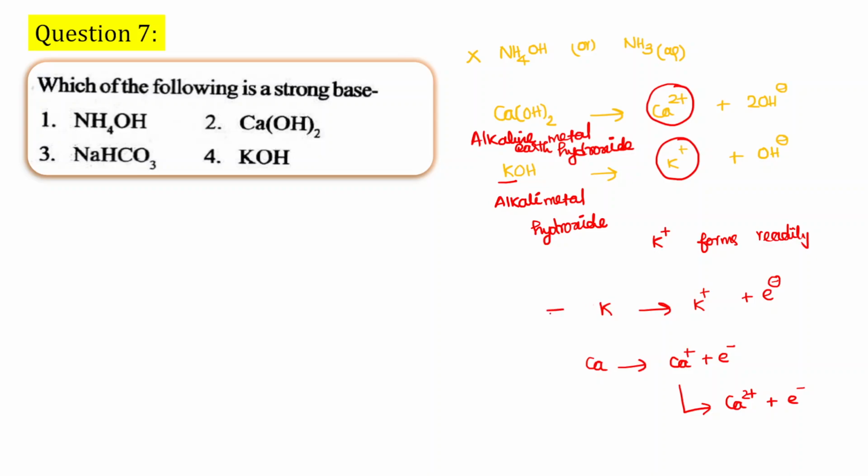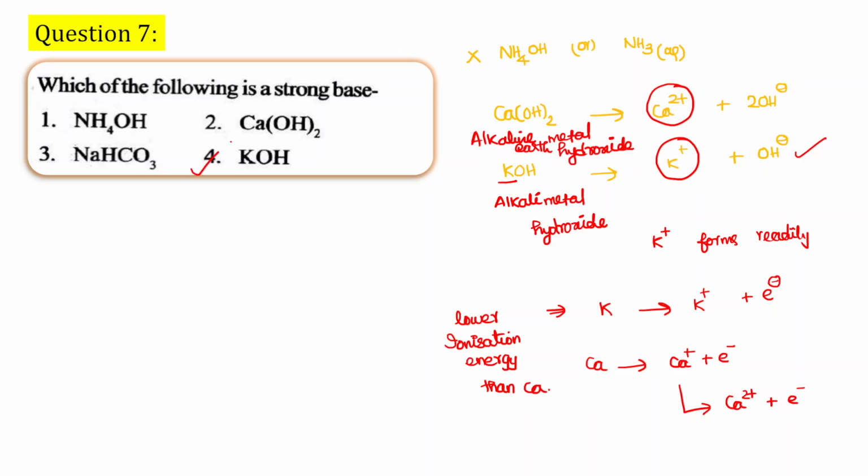So this will require a lower energy. We call that ionization energy, because it is ionizing finally into a cation. Therefore potassium requires lower ionization energy than calcium, so this occurs quickly. Thereby, compared to alkali metal hydroxides, alkaline earth metal hydroxides are less basic.